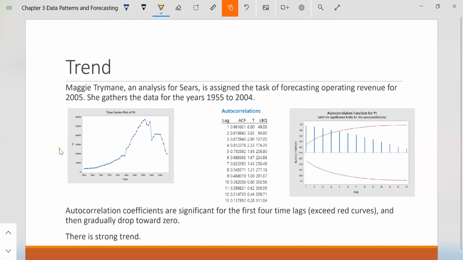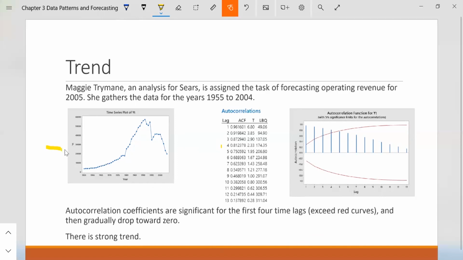Same as before, we obtained the time series plot, and we obtained the autocorrelations from Minitab, and we look at the graph to determine what's going on there. I do not intend to go back to Minitab. You can do this as practice yourself. Basically, the steps are the same as before.